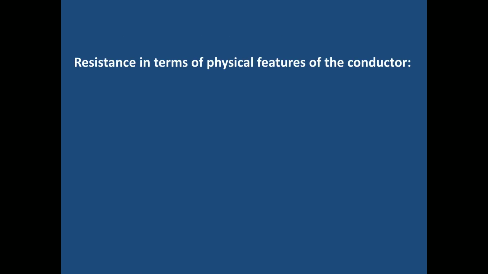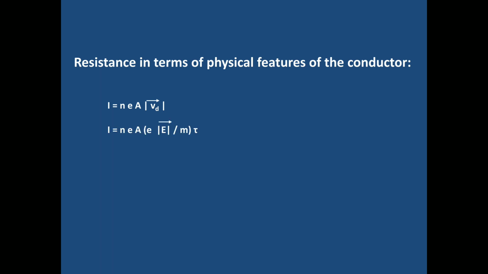Now let's talk about resistance in terms of physical features of the conductor. As we have derived earlier, I is equal to nAe vd, where I is the current, n the number density of electrons, e the electronic charge, A the cross-sectional area, and vd the drift velocity.